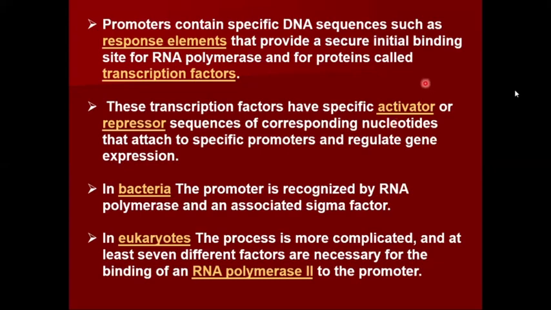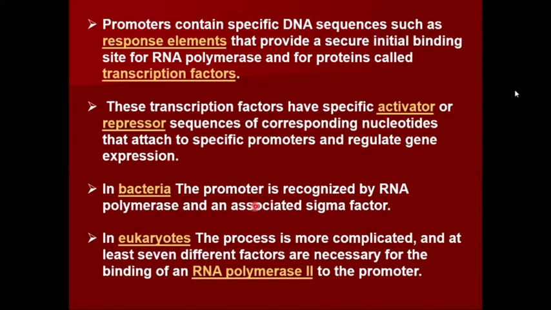expression. And that's the reason why I said earlier that this transcription factor, once the modulator or effectors bind to them, that may result in stimulation of transcription or repression, inhibition of transcription.